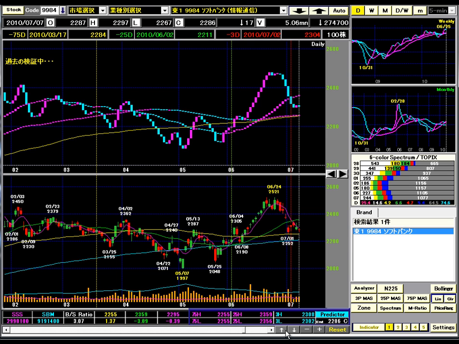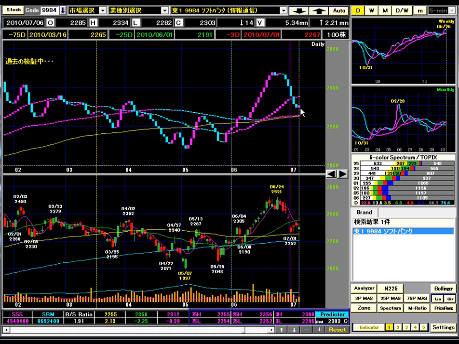So when we were at this point, we thought, okay, is this just a deep dip, a temporary pullback in part of an overall uptrend, or is it the beginning of a decline?